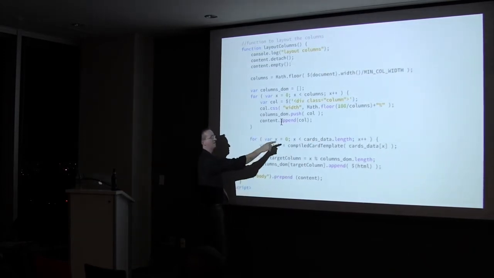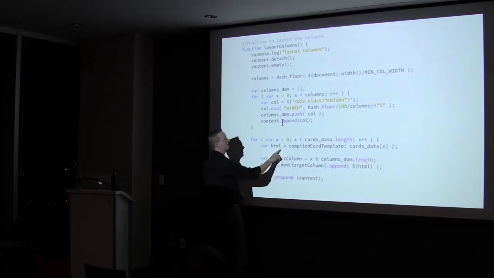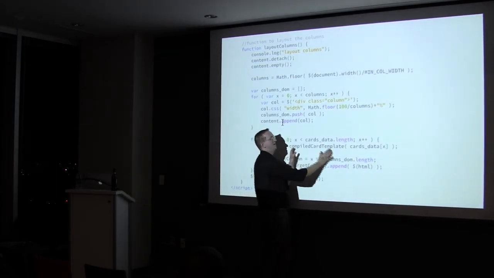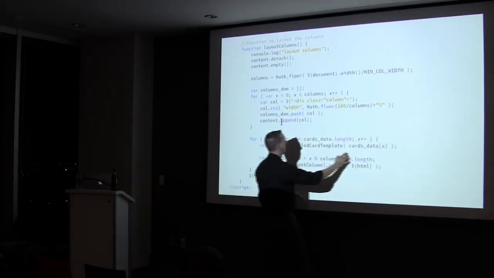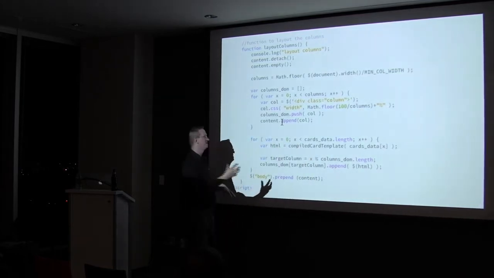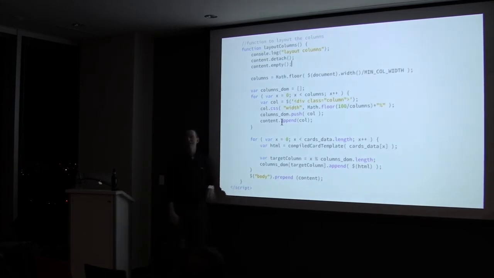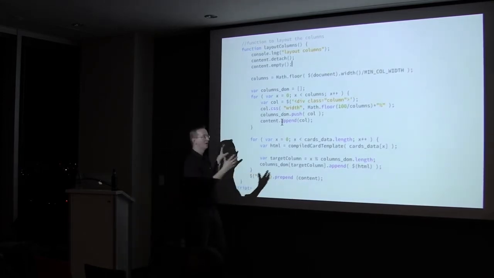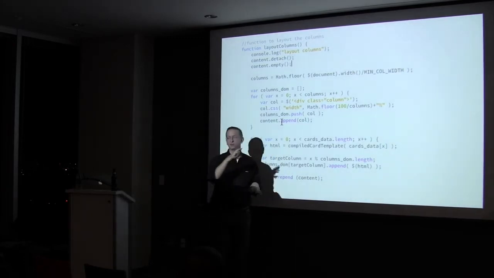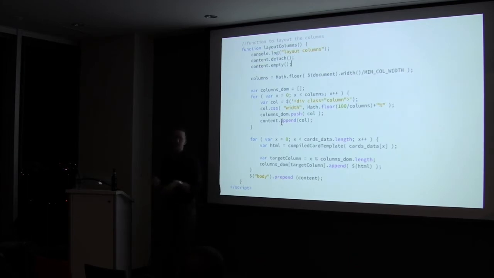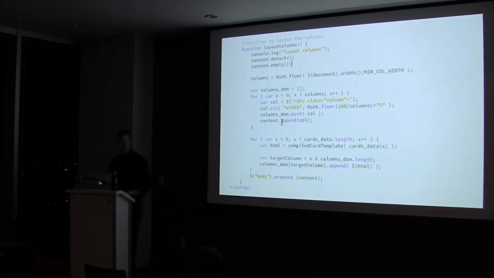For each item in that array, we create an HTML string by taking that compiled template and passing in the current data item, and like I said, that generates the HTML string, which we then put in the appropriate column. In this example, I don't have a lot of interactivity added, but what I really wanted to show was the principle of templating, where it abstracts the creation of HTML strings from different behavioral logic inside of your application.